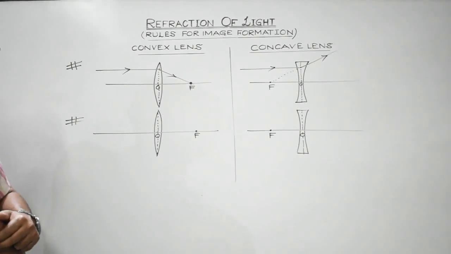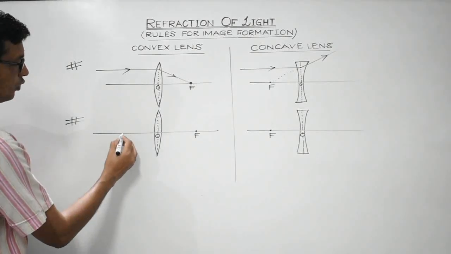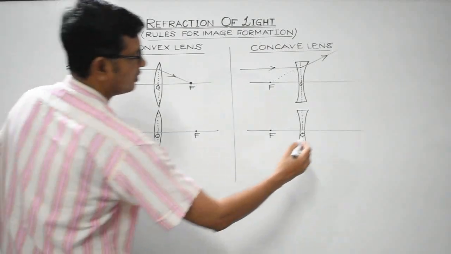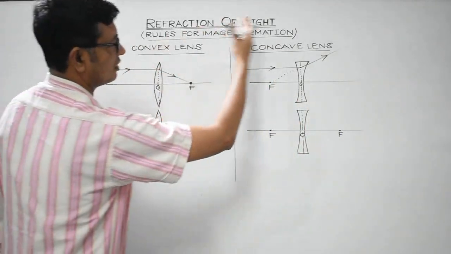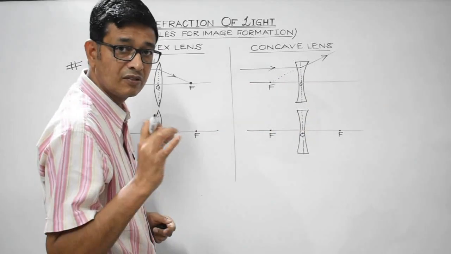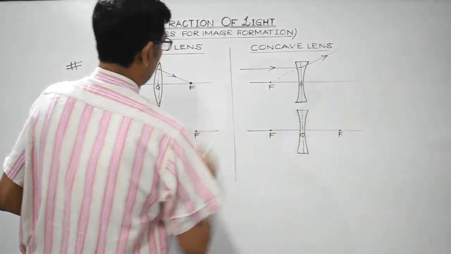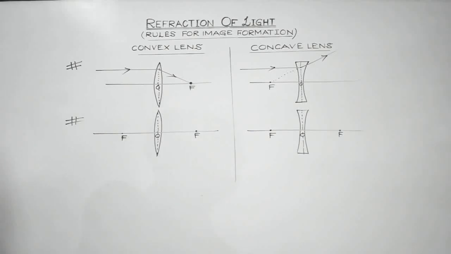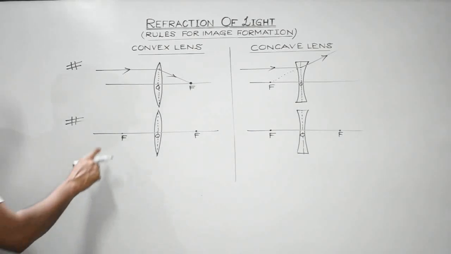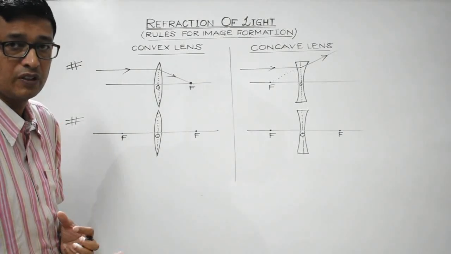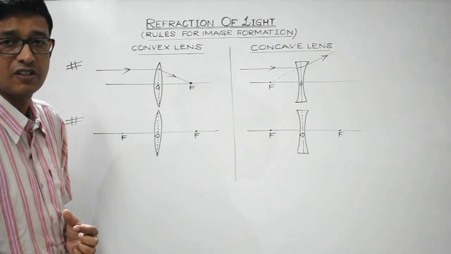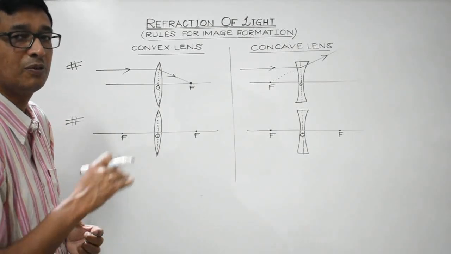So the second rule, just try to concentrate, right? Second rule is, as you are aware, there are two focus. This is also a focus. The real focus is in the case of convex lens; the concave lens possesses virtual focus, right? So here the rule is, any incident ray passing through one of the focus, after refraction, becomes parallel to the principal axis.